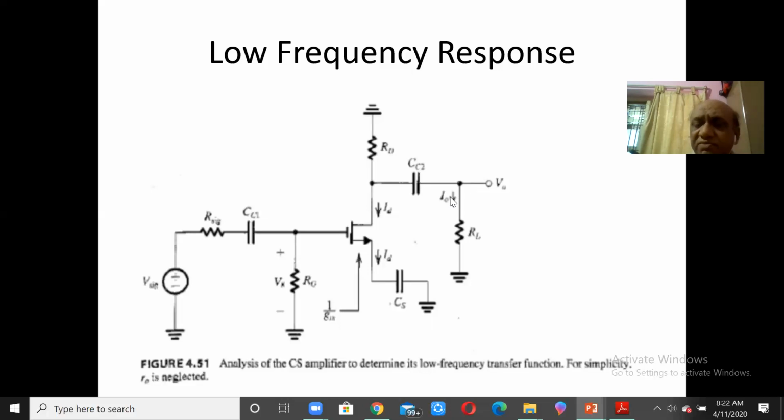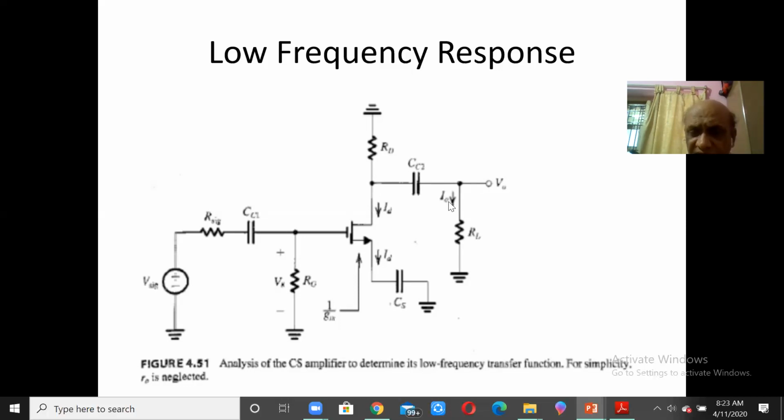So we can write an expression for I0 in terms of minus ID, and that will naturally be what we call a potential divider type of distribution of the current minus ID between I0 and the current flowing through RD.